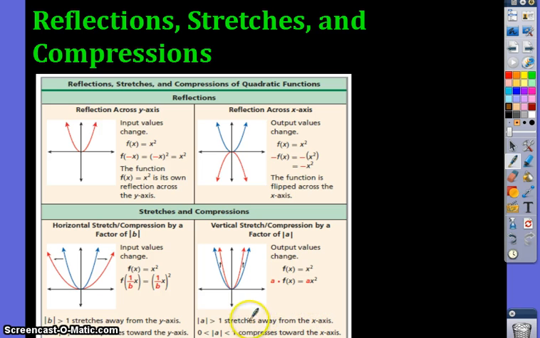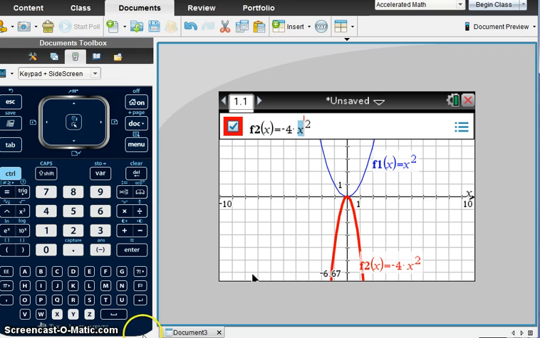So this is going to result in a vertical stretch. And then it was negative, which means it's going to open down. So what we have here is a vertical stretch by a factor of 4. Alright, let's look at another one.